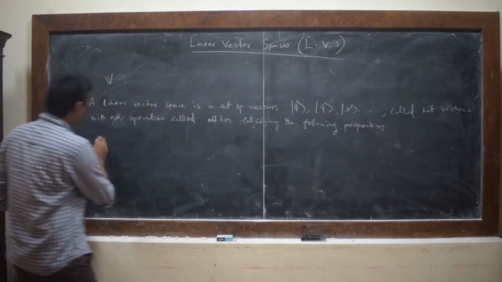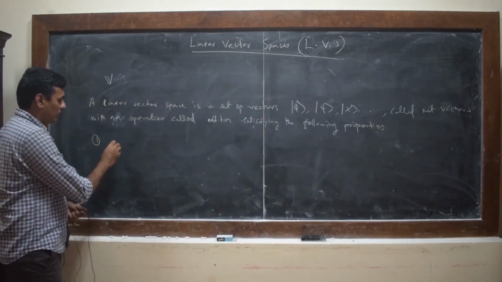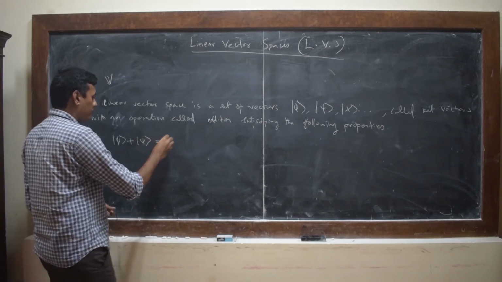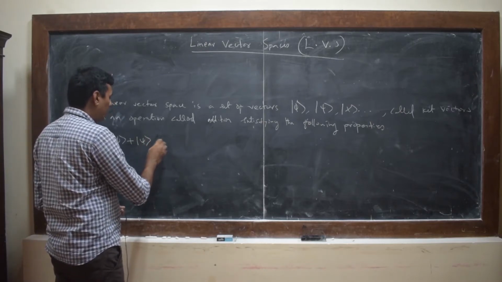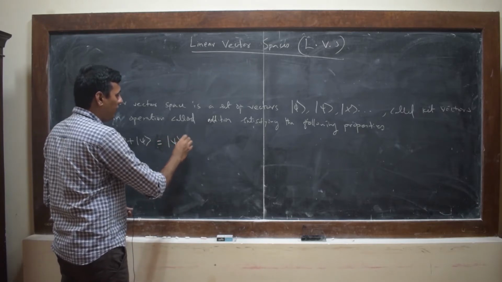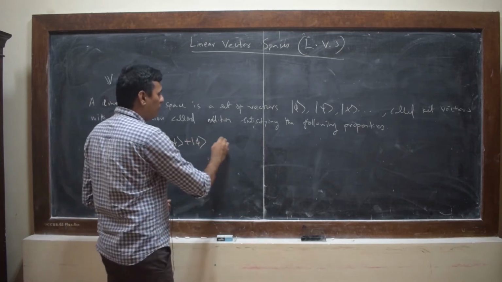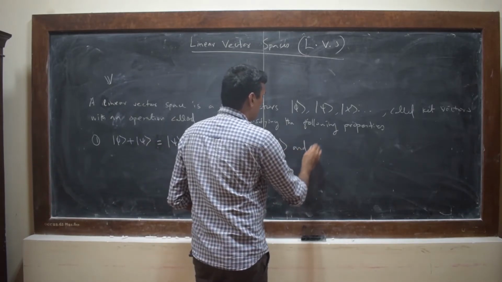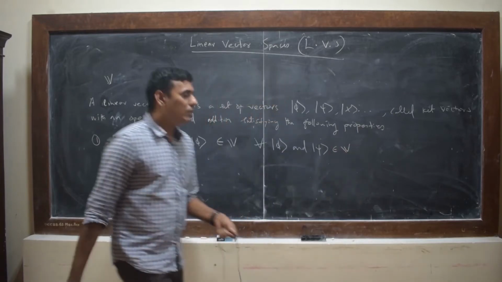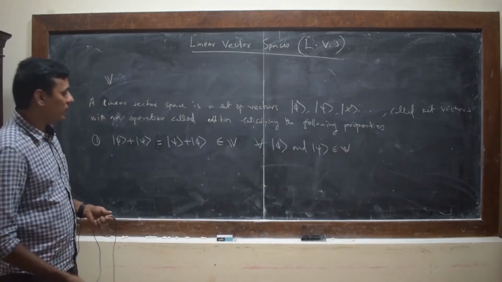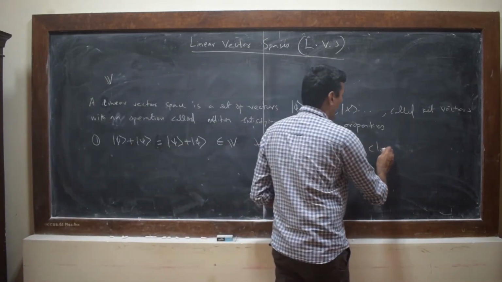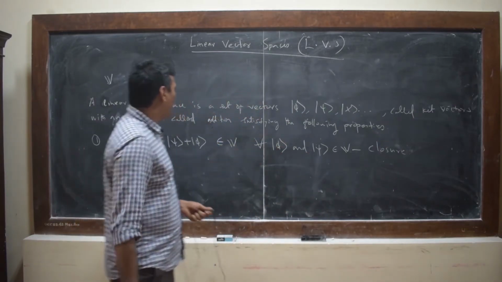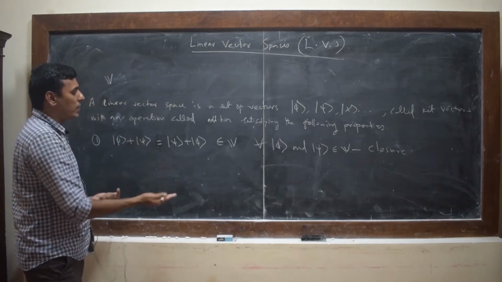Okay, the first one. Phi plus psi is equal to psi plus phi, which should be a member of V for all phi and psi belonging to V. This first property is known as the closure property, which says that if phi and psi are elements of the vector space, then phi plus psi must also be a member of the vector space.